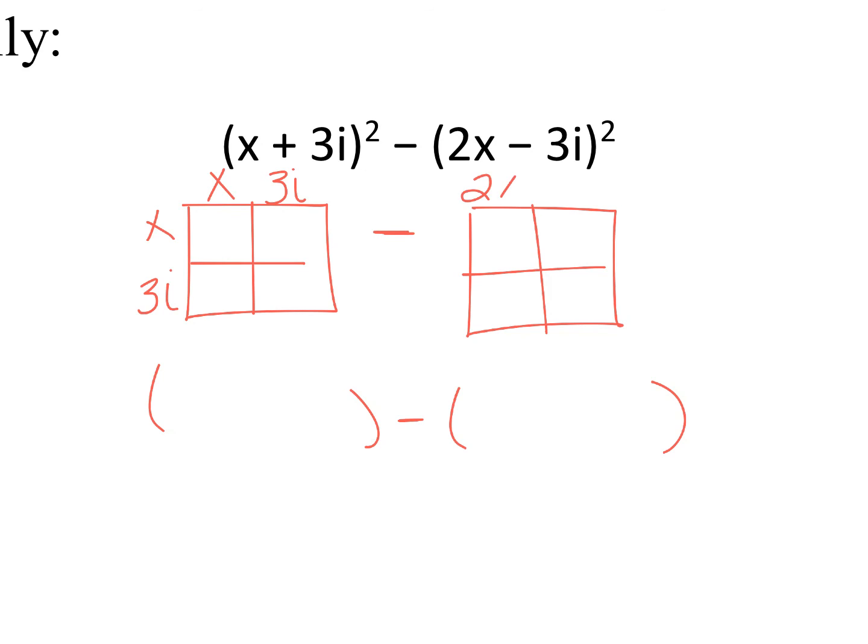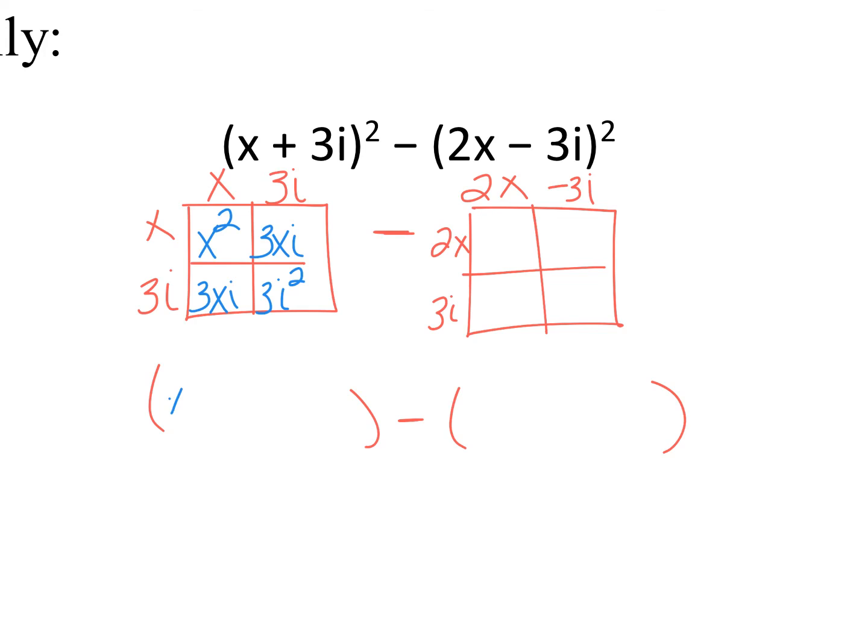Okay, so 2x minus 3i. That doesn't look like an I. Okay. X squared, 3xi, 3xi, 3i squared.